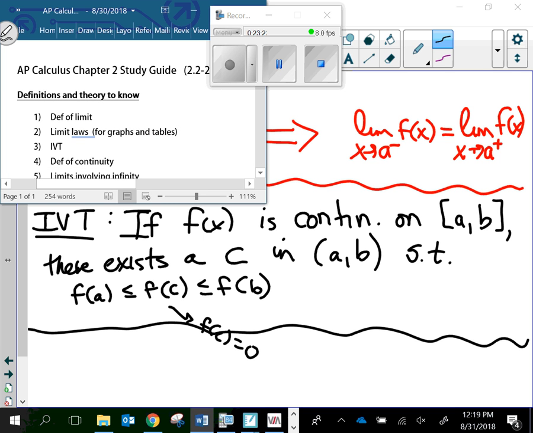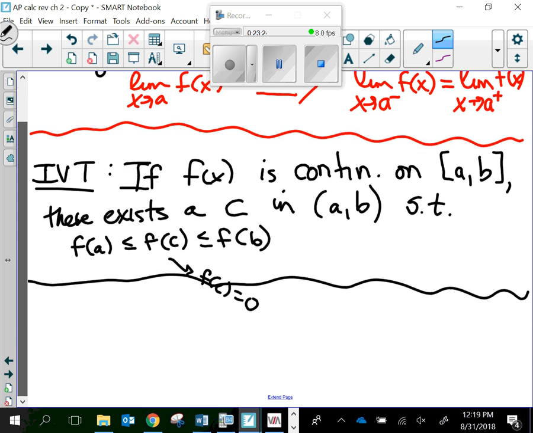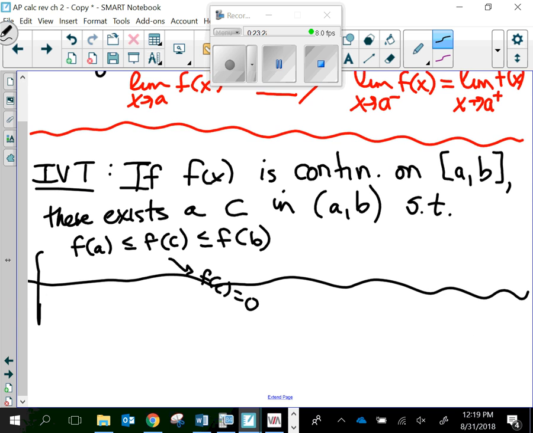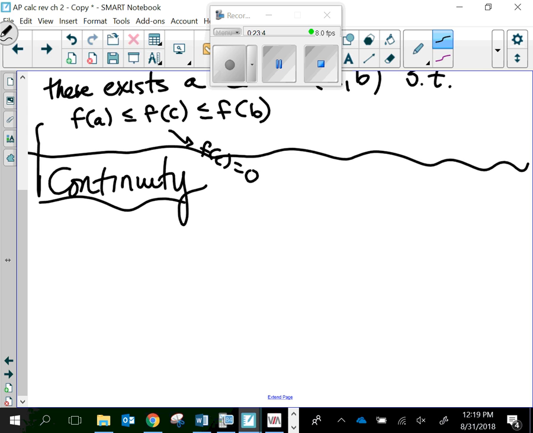Next on my list is the definition of continuity. Come on, I know this. What's continuity? Can I tell you there's 3 pieces?